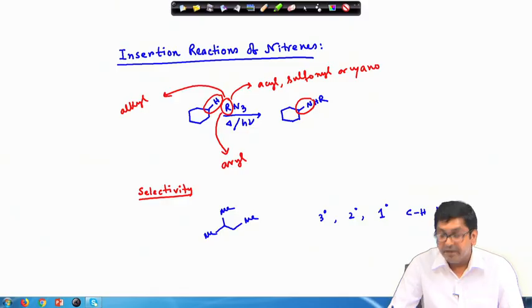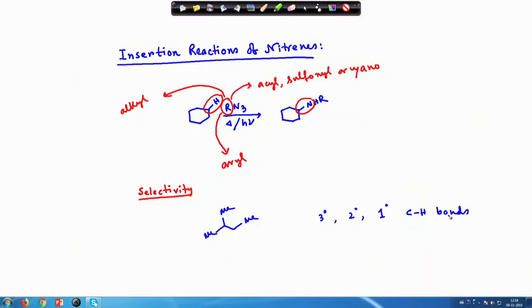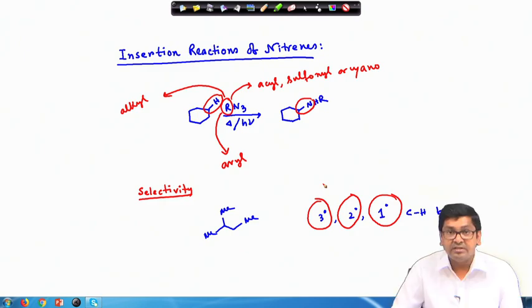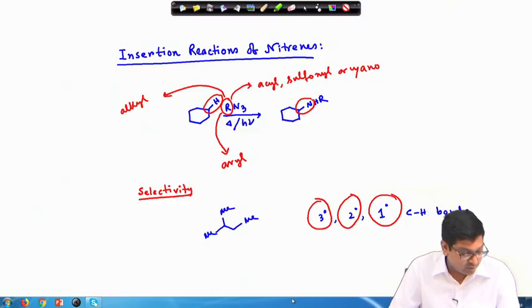Nitrenes have a specific target: they will first prefer to insert into the tertiary carbon hydrogen bond, then secondary, then primary.